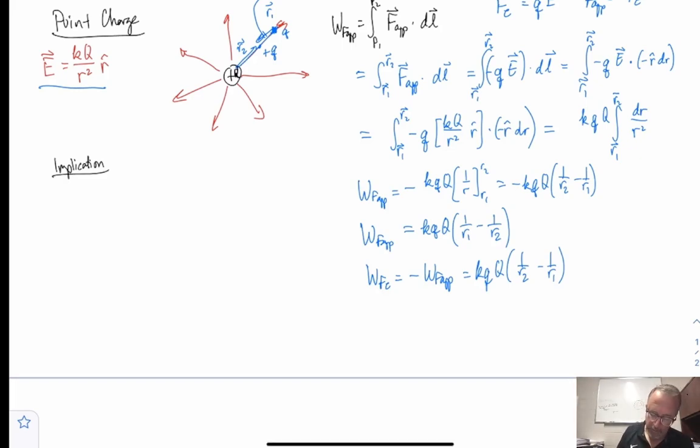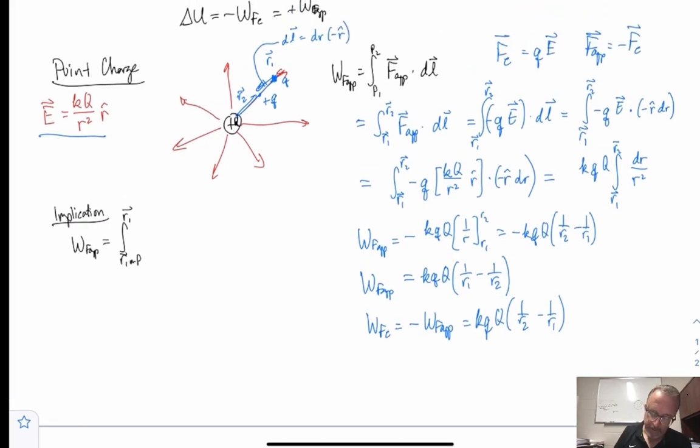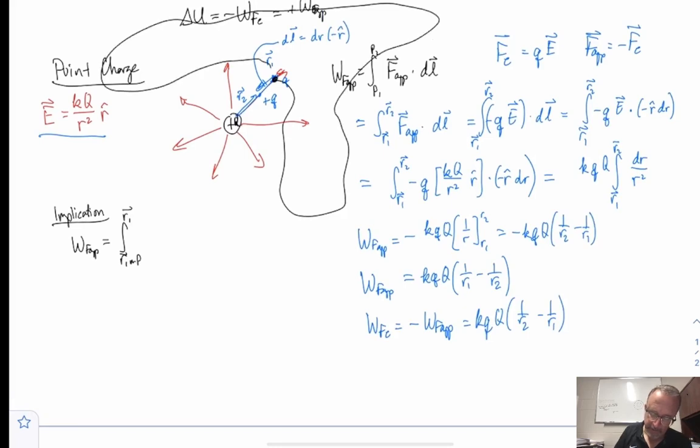If I go on a closed path, let's say that I want to calculate the work done by the applied force from R1 to R1, and it doesn't matter what path I take, okay? Let's say that R1 starts here and the path goes way around here like this and comes back eventually. Okay, that's path P. Doesn't matter how it does it.